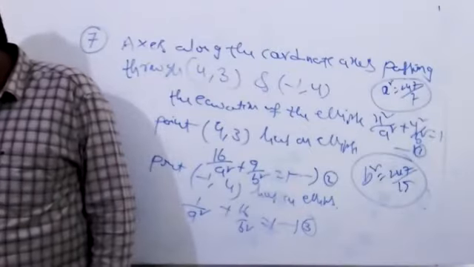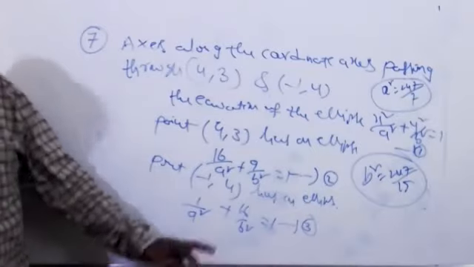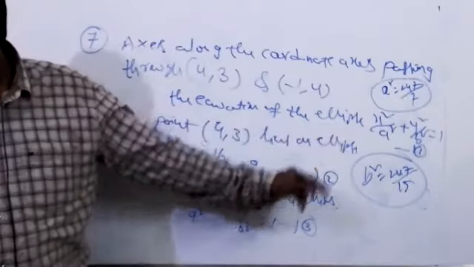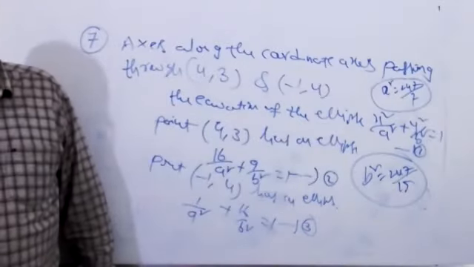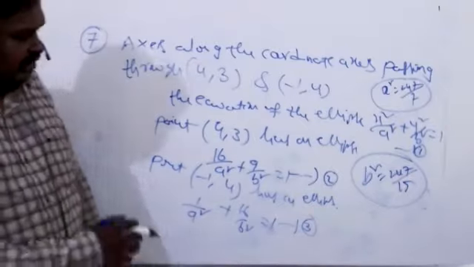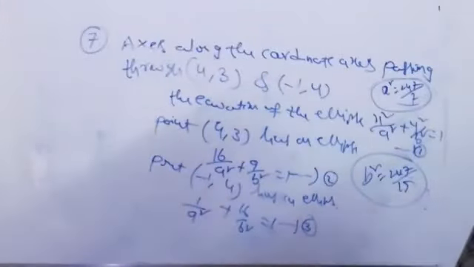I got two answers. But the answer is a square is equal to 247 upon 7 and b square is equal to 247 upon 15.